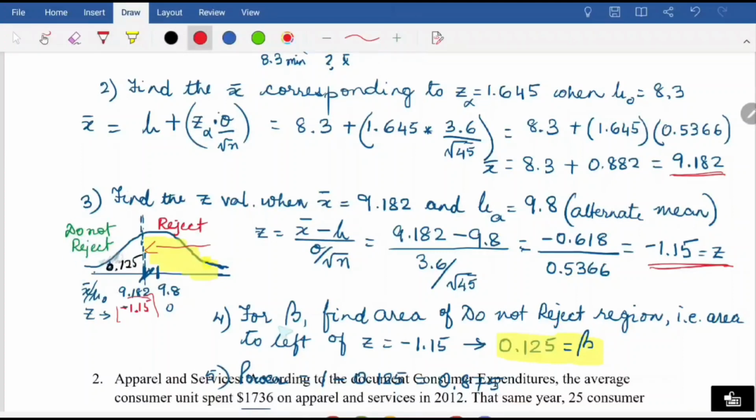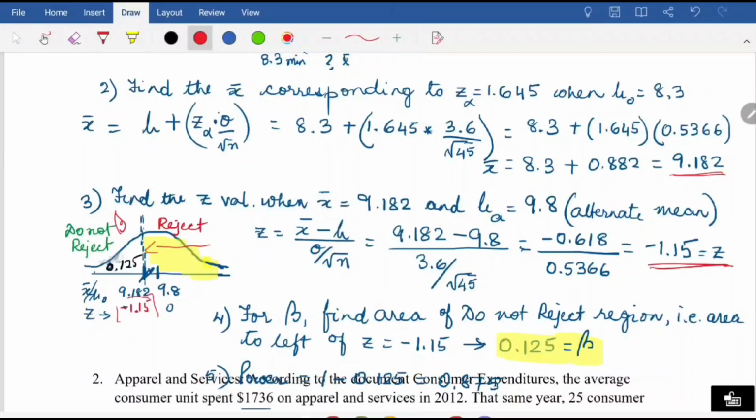So for beta sub 1, we find the area of the do not reject region, that is the area to the left of z of negative 1.15. So this area is what we are interested in finding. Because beta is the do not reject region.